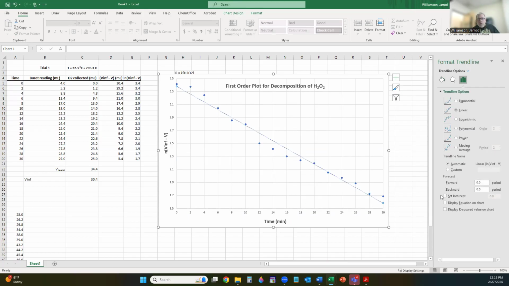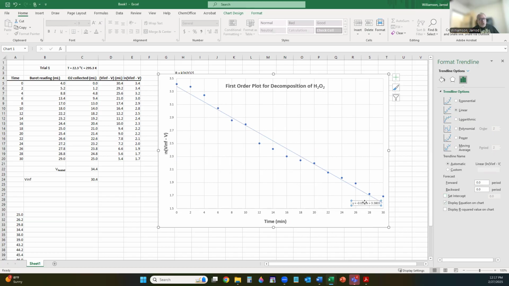And I'm going to go to a linear trend line. And I'm going to go display equation on chart. If I wanted to, I could set the intercept at whatever value I wanted to by clicking this, but I don't want to do that right now. So there's my best fit line.